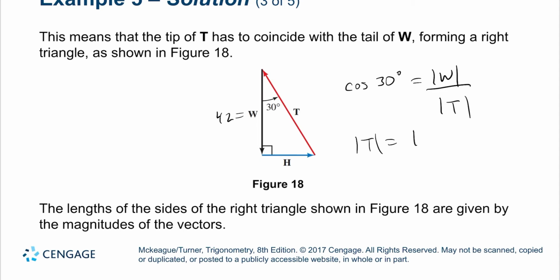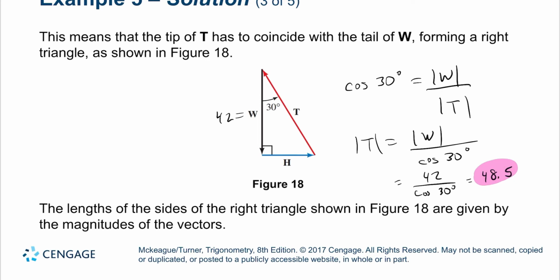Tension is going to be the weight of the boy divided by cosine of 30 if you solve for T. And that's going to be 42 over cosine of 30, which is 48.5. All right, so that would be the tension in the chain.